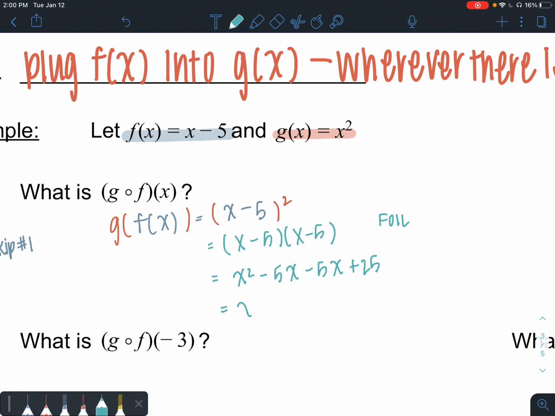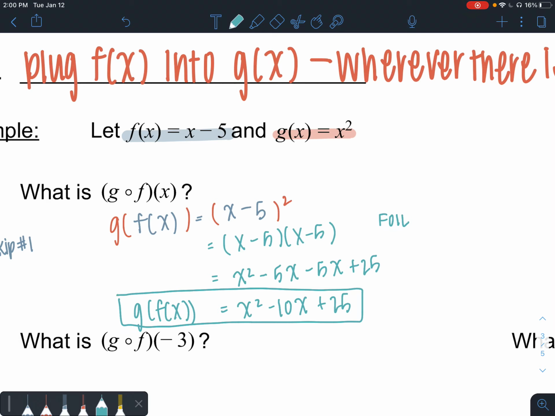So we get x squared minus 10x plus 25. And so that is what g of f of x equals. We are in standard form.